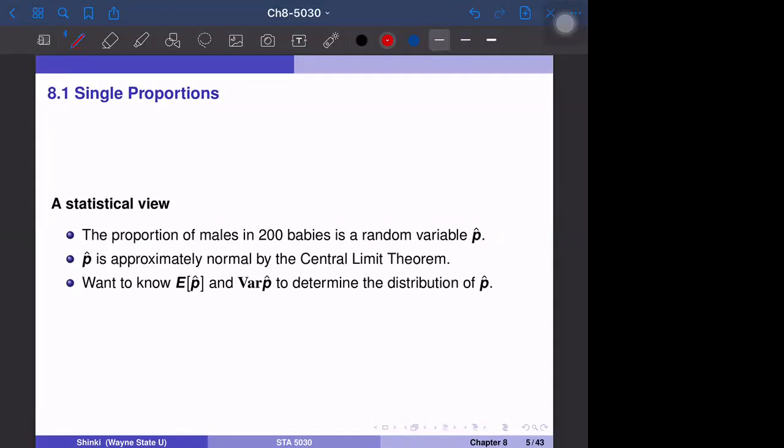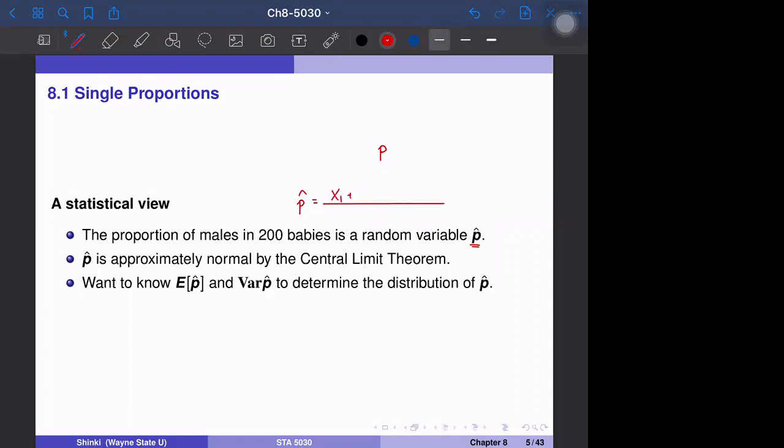A statistical view is that the proportion of males in 200 babies is a random variable. Even if we have a true probability p, every time there is some randomness, so p hat may be 0.508 or 0.482. So this is a random variable. And p hat is approximately normal by the central limit theorem, because p hat is basically the average of 200 observations, and each observation is either 0 or 1.